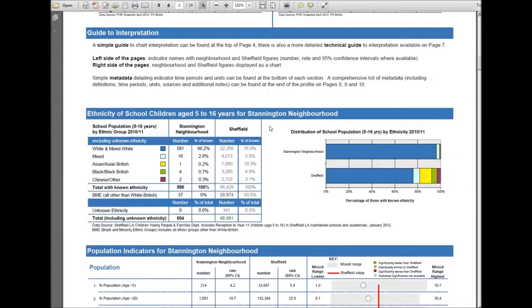As you slide down, the next part that's useful to have a look at is a breakdown of the ethnicity of school children. We don't have great ethnicity figures for the entire population, so that's why we use school children as a kind of representative measure.